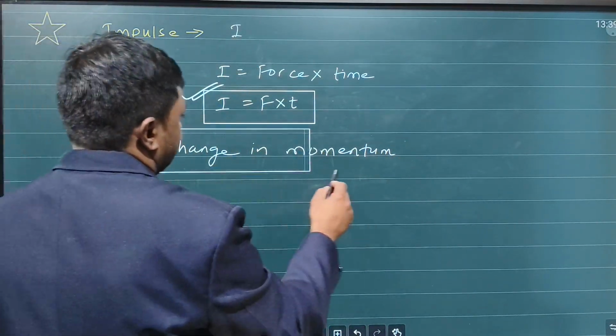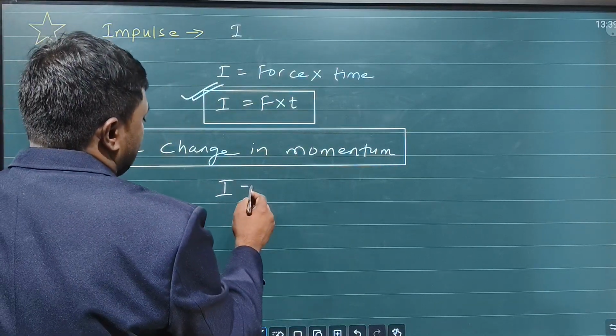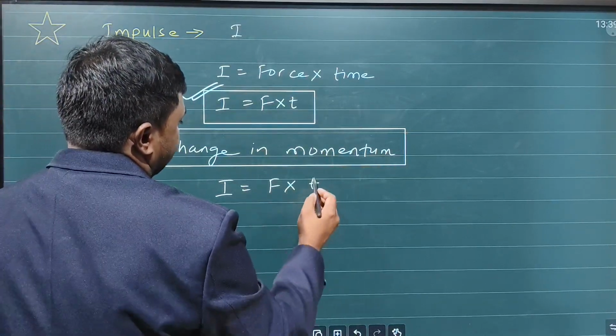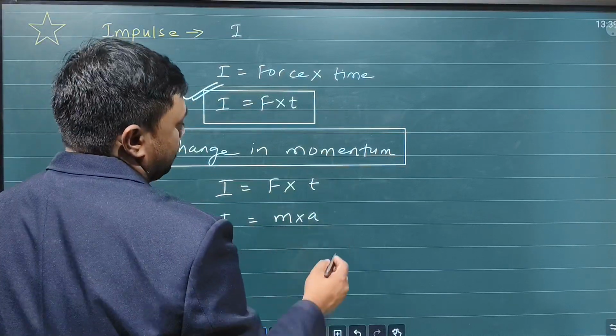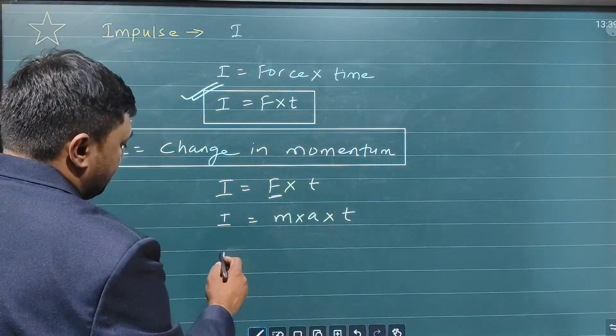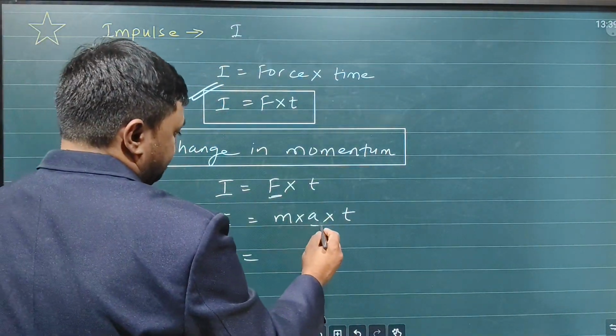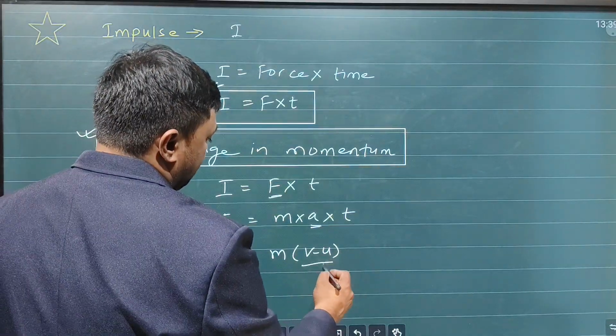How? Let's see. I is equal to F into t. And what is force? Mass into acceleration, into t. Now, what is acceleration? (v minus u) upon t, into t.